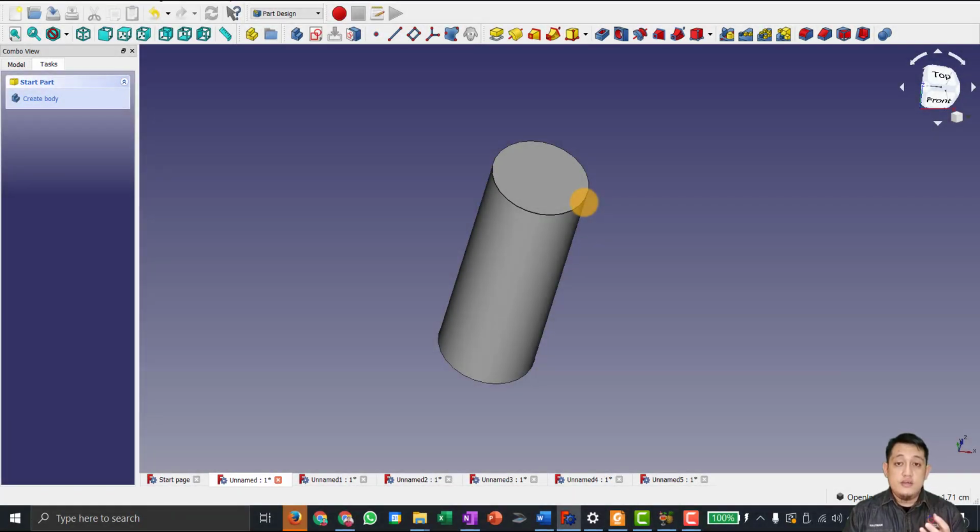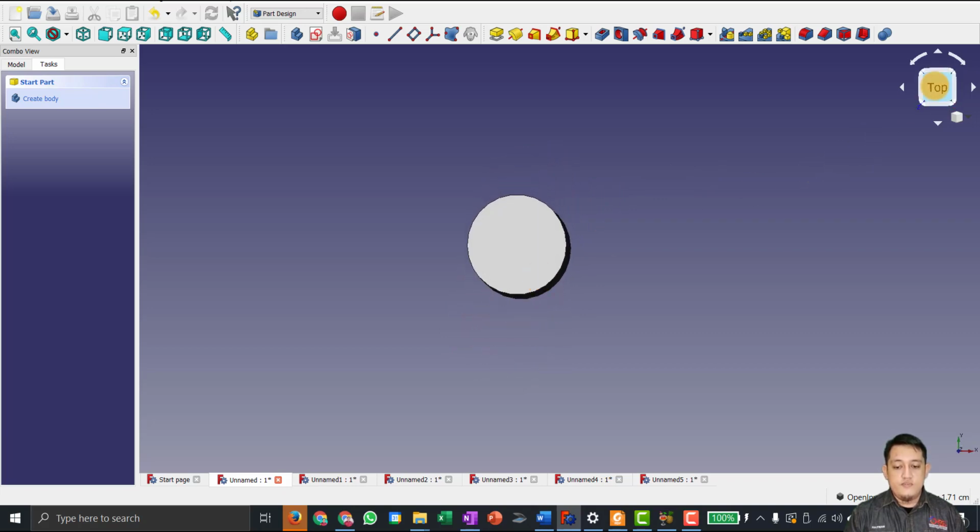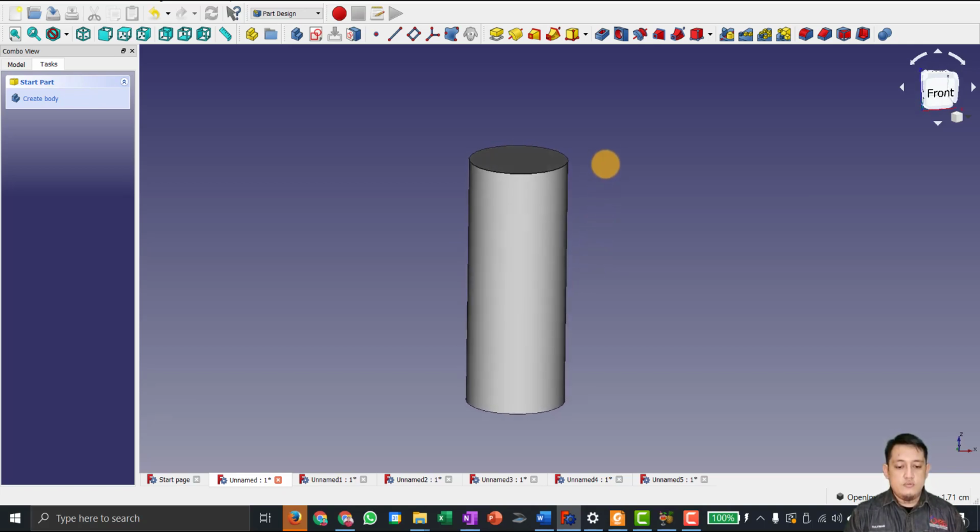Now, if we refer to this 3D CAD drawing, we have the dominant shape, which is this circle. If we look at this cylinder from the top view, it looks like a circle. If we view it from the side view, the cylinder looks like a rectangle.